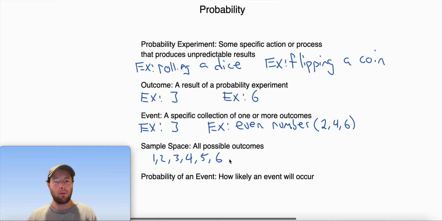Let's look at the probability of an event. The probability of an event is how likely an event will occur.